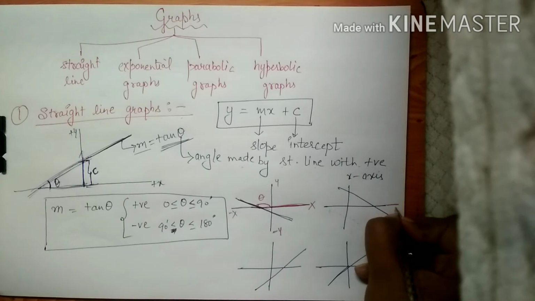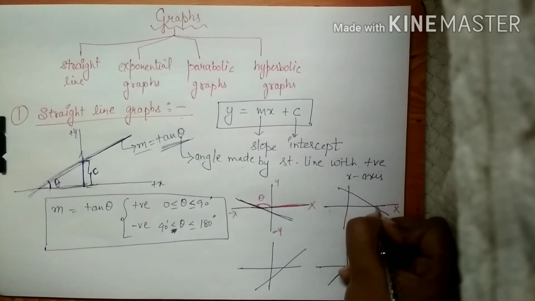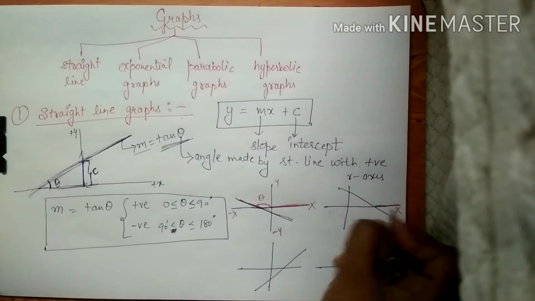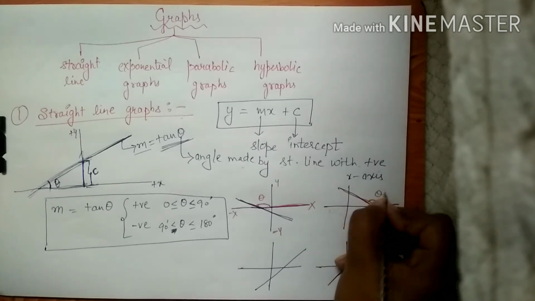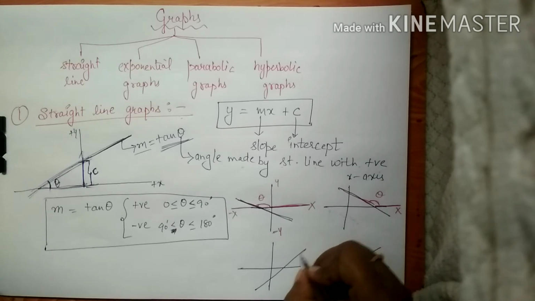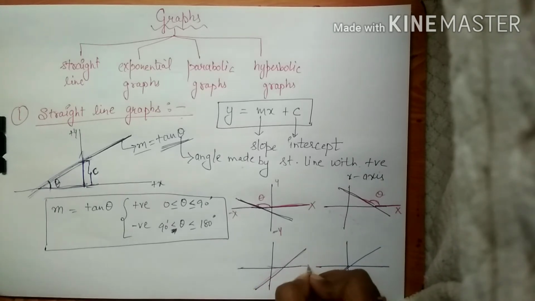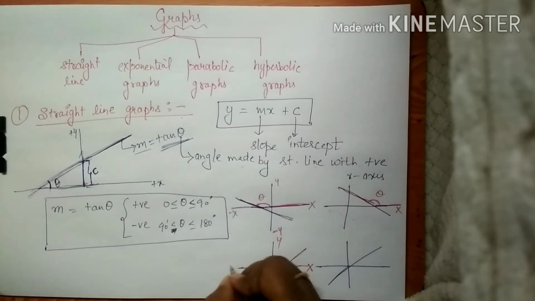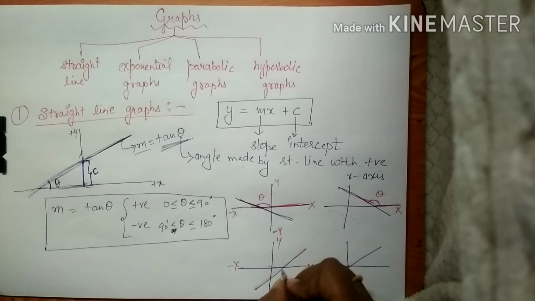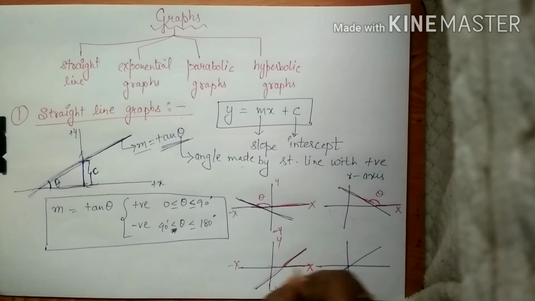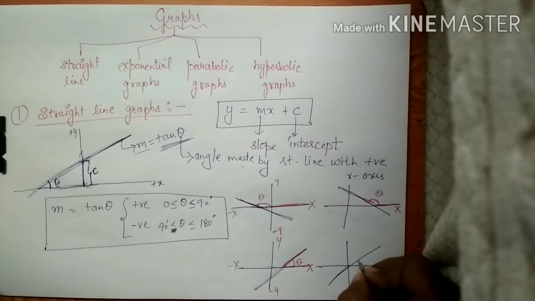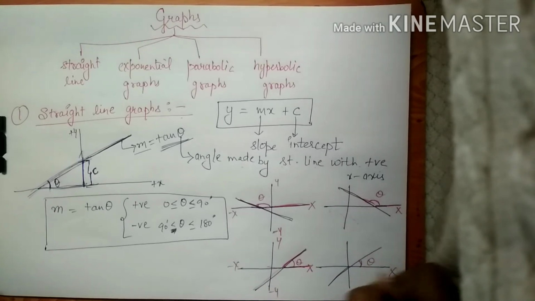Similarly in this case, this is positive x-axis, and the angle made by this line with this positive x-axis will be theta. In this case also, this is your positive x-axis, this is minus x, minus y. Angle made by this line with positive x-axis will be theta. Similarly in this case, this will be theta.